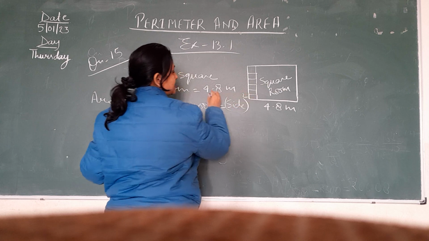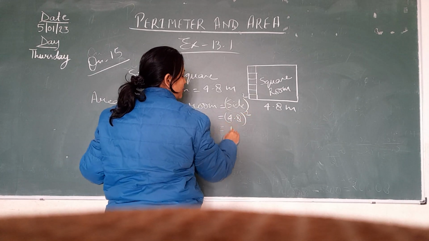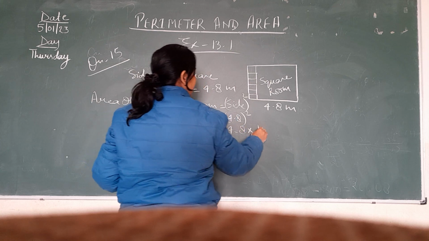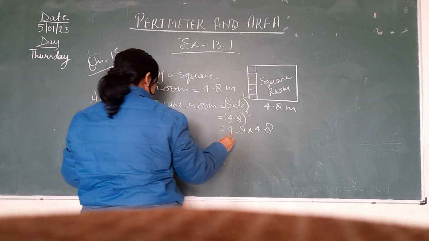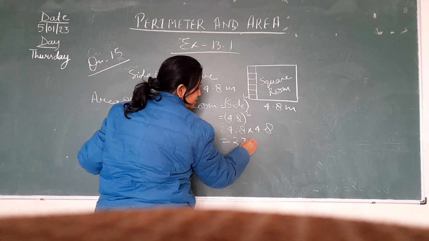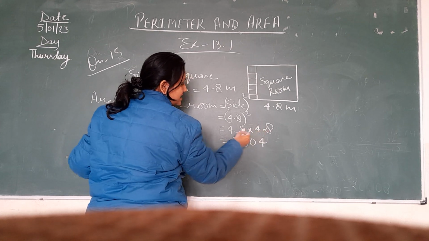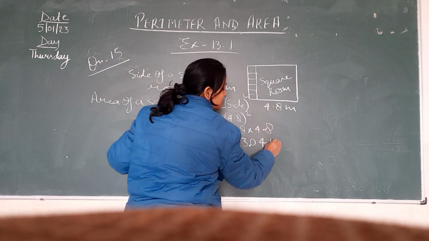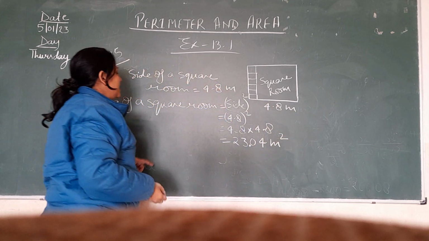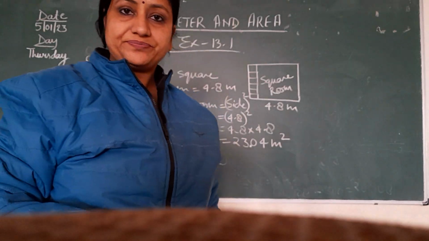Here the side is 4.8, so 4.8 square means 4.8 multiplied by 4.8, which is equal to 2304. After that we'll put the decimal, one digit and two digits, so 23.04, and the unit is meter square. Okay, so the area of the square room is 23.04.